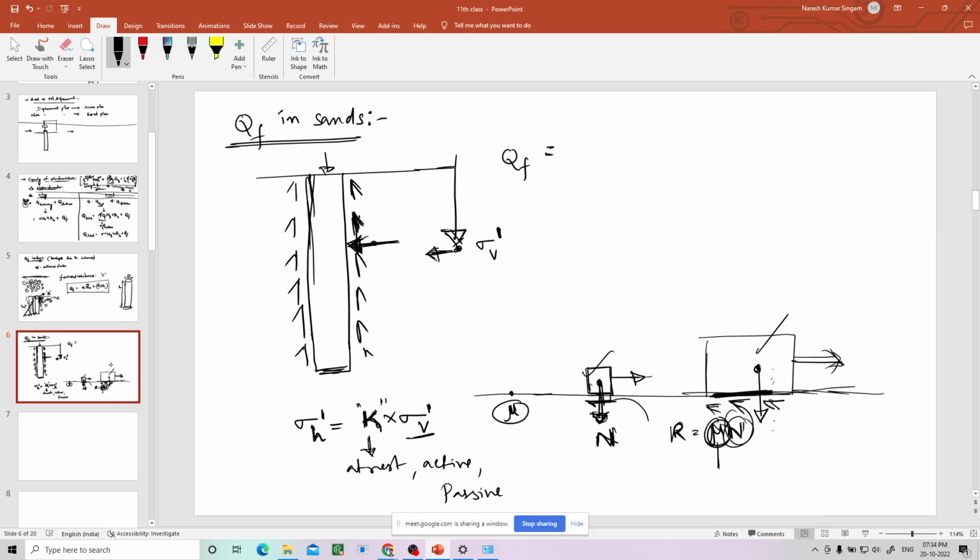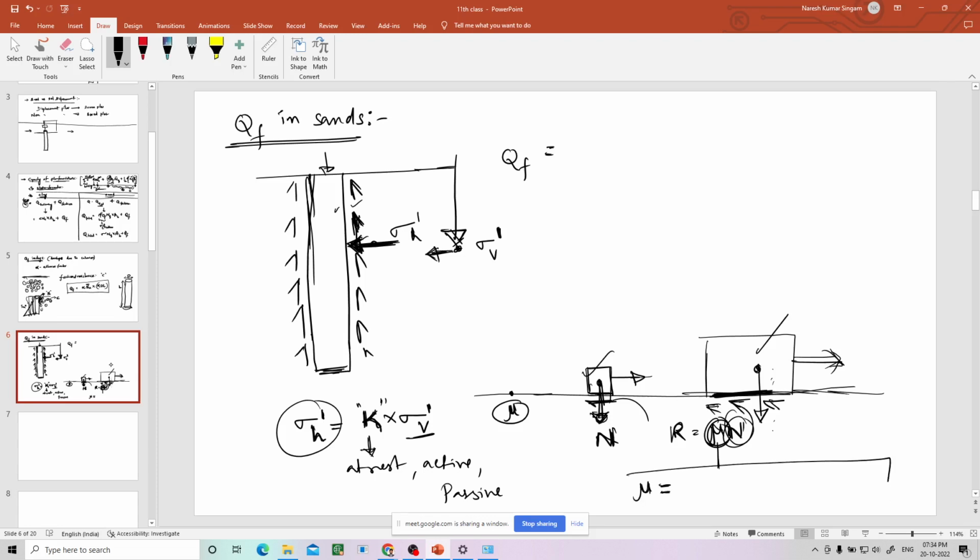So here also there will be a horizontal force or horizontal pressure, that is sigma h. How does it contribute to this resistance? You multiply by mu, the friction coefficient between these two materials. How will it be calculated?